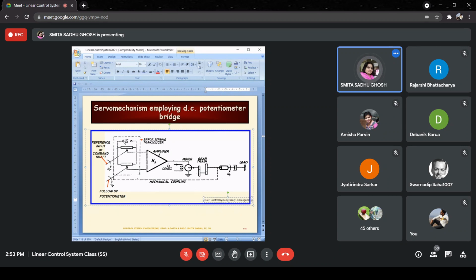Here we can see the source of EMF is indicated by E, and the two elements are given over here. Resistive elements are shown, this one and that one. We can also see the two pointers, and the pointers are actually generating a difference of the two voltages, which is going to give us a voltage at the output side. That's this one, which is the difference of the two displacements.